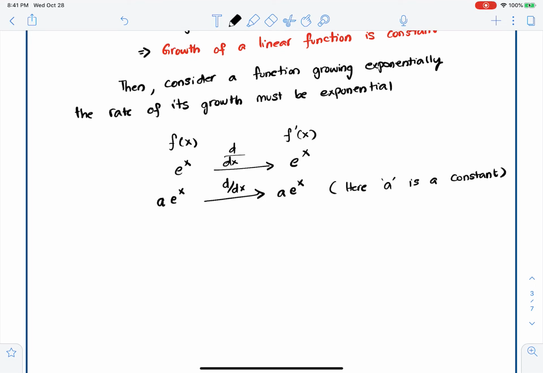If we have a constant added to an exponential, when we take the derivative it would still be e raised x because the derivative of the constant is 0.